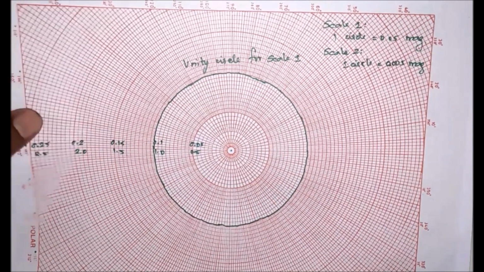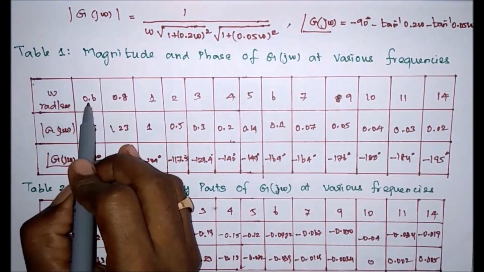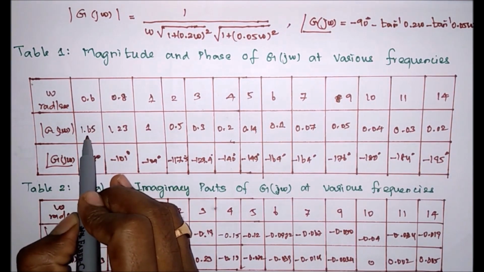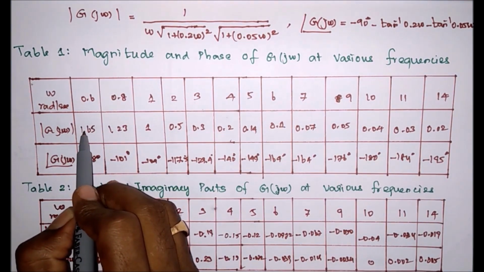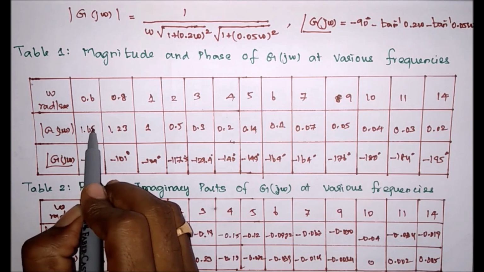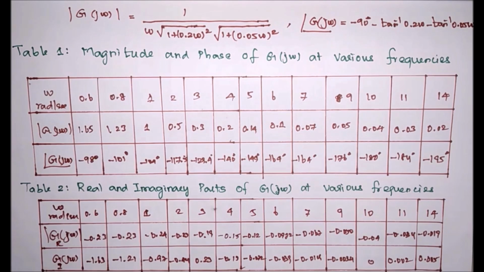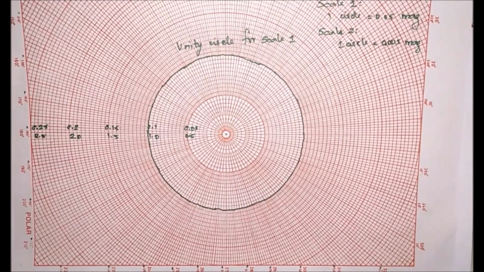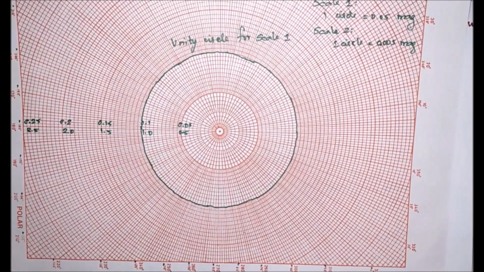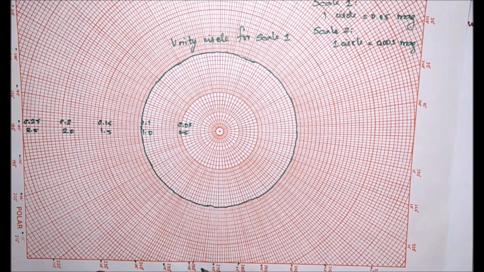Then for various values of omega, now omega equal to 0.6. For that I am going to consider magnitude equal to 1.65, then phase angle equal to minus 98 degree. So here minus 98 degree is, this is 100, this is 90. So this is the 98.